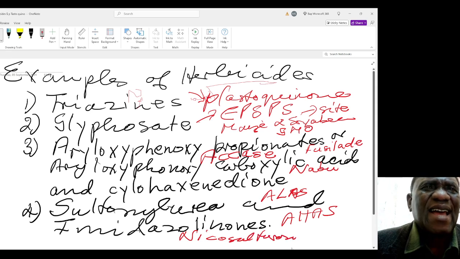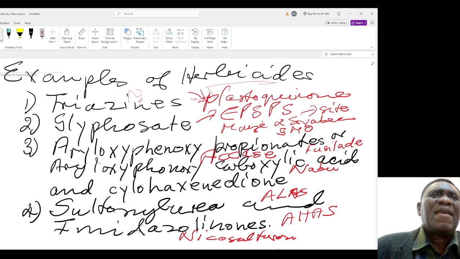Although maize is a grass, it's not going to kill it, but it can kill grasses. Then on imidazolinones.